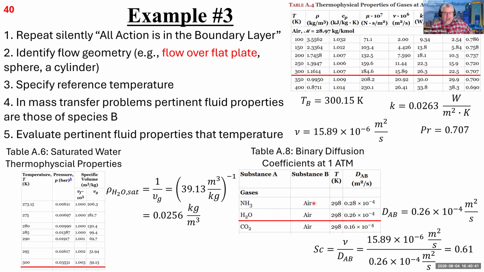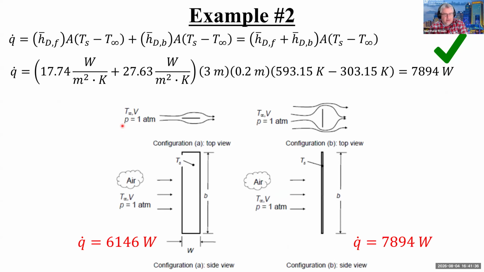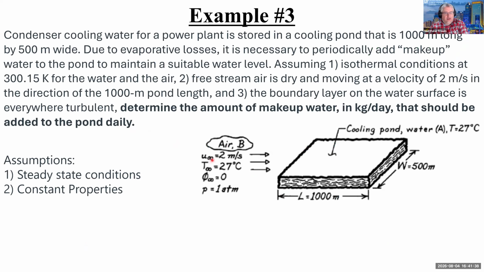All right, I've got all of my parameters calculated. Now I need to find the Reynolds number, determine whether the flow is laminar or turbulent, decide whether I want a local or a surface average mass transfer correlation, and then pick the appropriate correlation. Here I am calculating a Reynolds number. The flow was 2 meters per second.